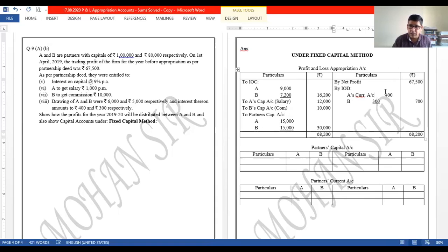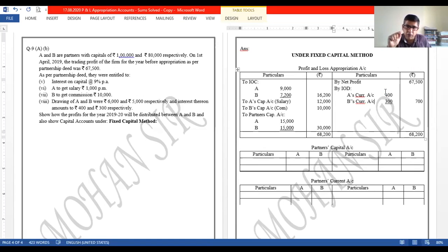Okay, A's current account has to be specified. Same way where I have mentioned B, I need to write B's current account. Okay, so this is how the changes are going to take place.